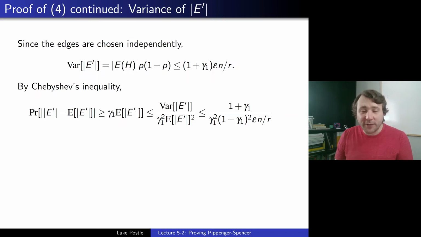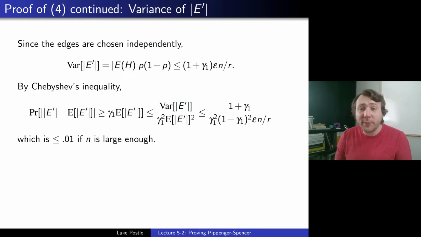So an additional factor of gamma 1 away, it'll be the variance of E prime over gamma 1 squared times the expectation squared, which if you work out, it's this somewhat weird number. You get 1 plus gamma 1 up top, and you get gamma 1 squared, (1 minus gamma 1) squared, epsilon n over r. And then where do we go from there? Well, since n is large enough, we'll know that this is actually quite small.